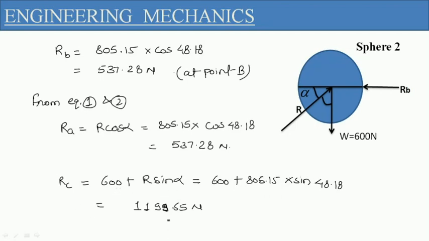If we put all the values, we'll get RC as 1199.65 Newton. So RA is representing the pressure at point A, and this RC is representing pressure at point C. So here we have all the values of pressure at different contact points which is exerted by the sphere on the wall. So this is the solution of this numerical.